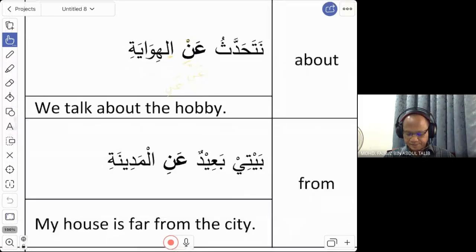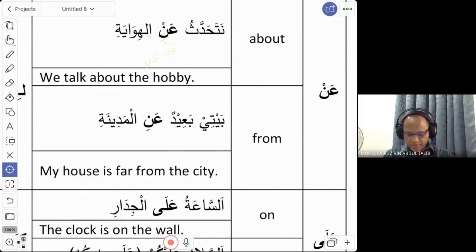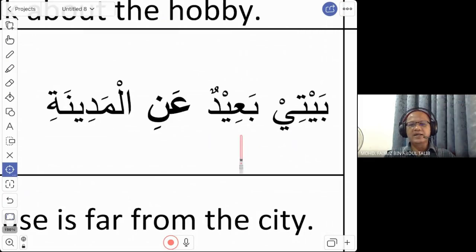Okay, that is an. Another meaning for the word an is from. This is like the word min just now. One of the meanings of min is from. So one of the meanings of an is also from. For example, baiti ba'idun an. Actually it is an, but since you have alif lam, we change to ani: anil madinati.